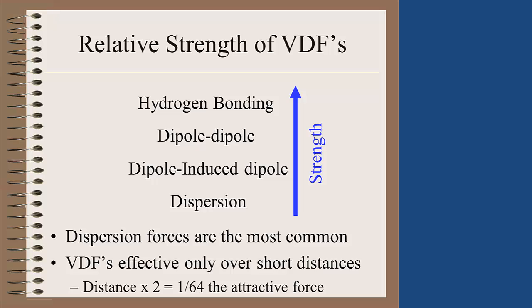And hydrogen bonding tops out the strength list here. But remember, it's a subset of a dipole-dipole. It actually is a dipole-dipole interaction. It's just a special case of dipole-dipole where you have a molecule that contains hydrogen bonded to a highly electronegative atom, namely either nitrogen, oxygen, or fluorine.